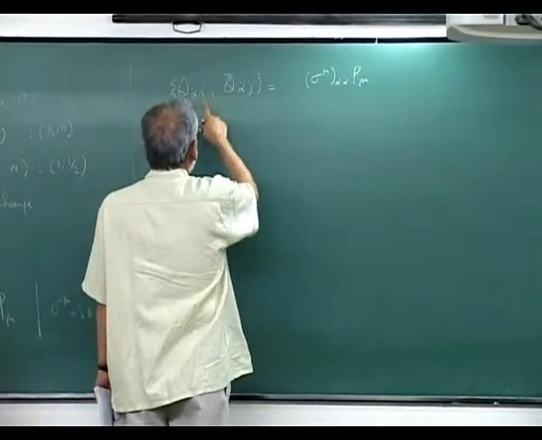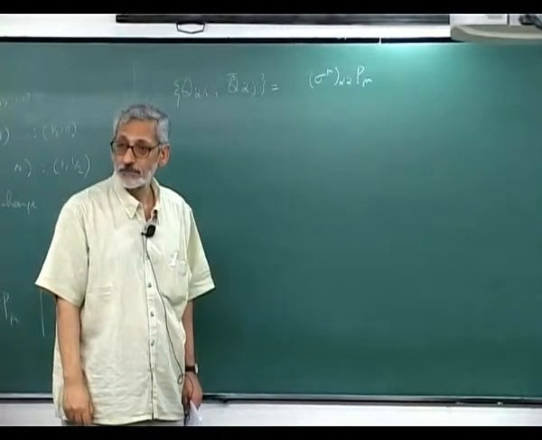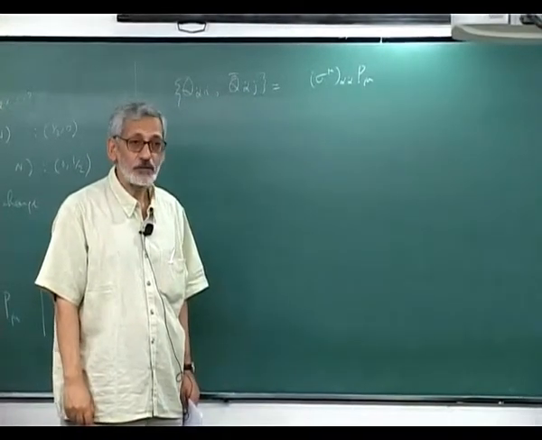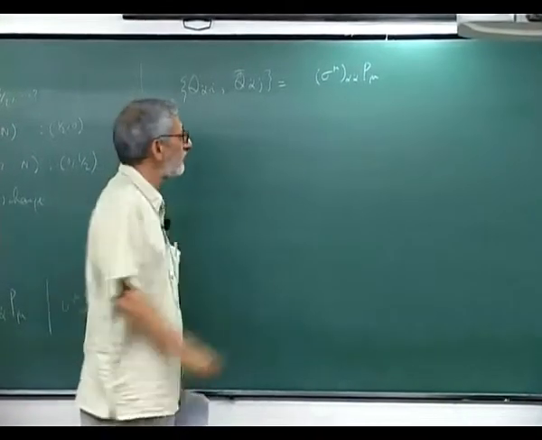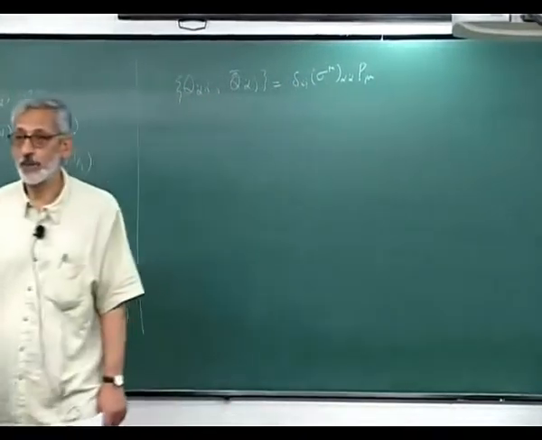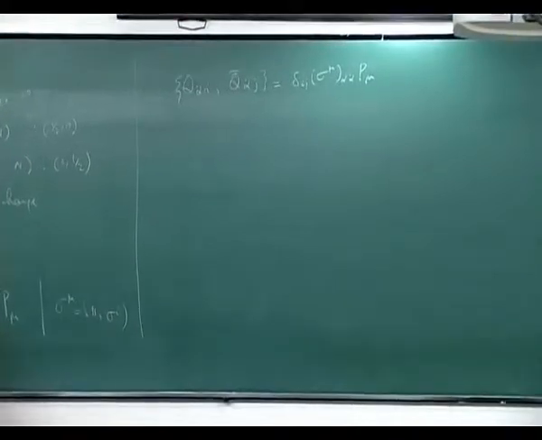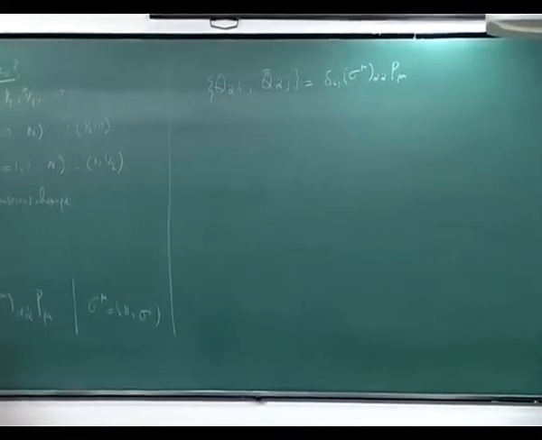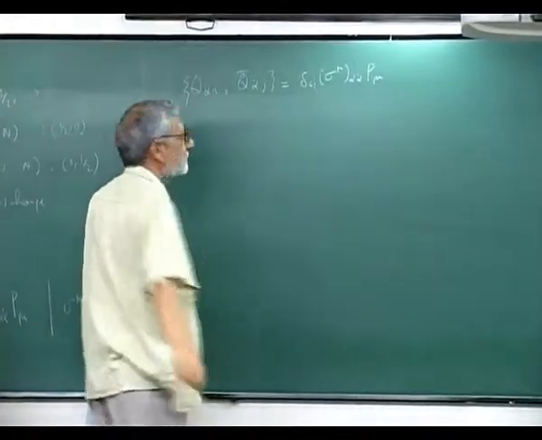Now if I interchange I and J in this anti-commutator, it is symmetrical. So therefore it could be delta IJ. Sorry, one of them is alpha and the other one is alpha dot.